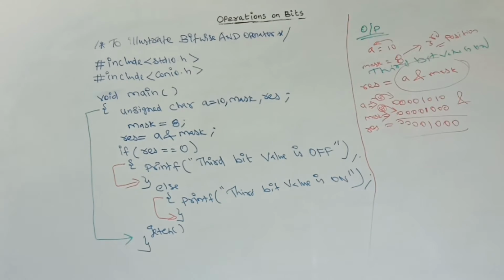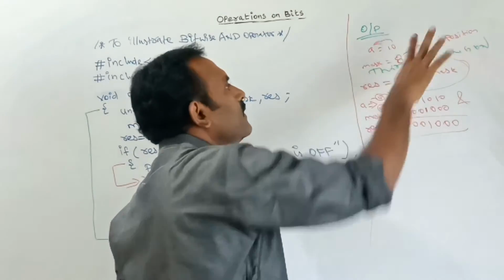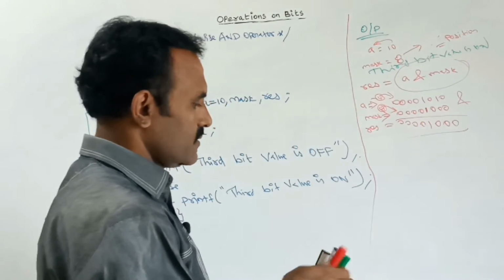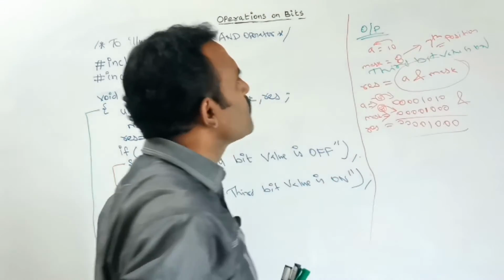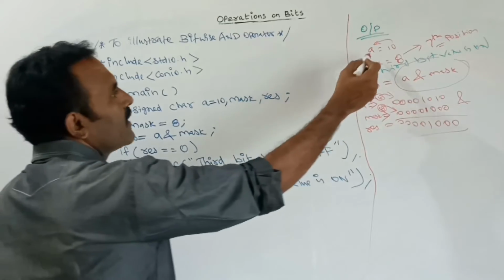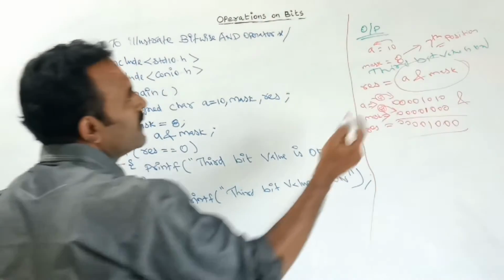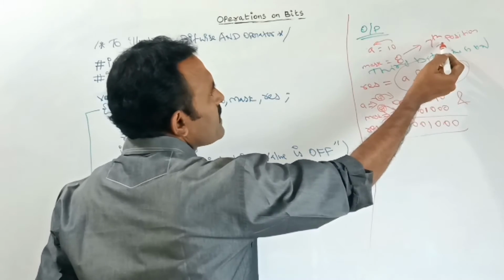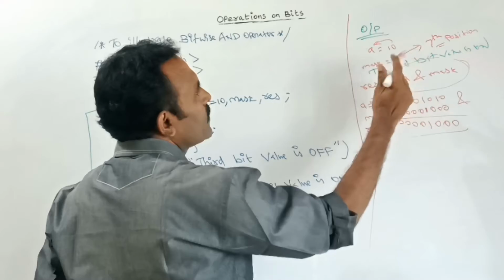See, suppose I want to find the 7th position, whether the 7th position of this bit value of this operand A is on or off. If I want to find the 7th position, then what is the decimal value? Here 128.